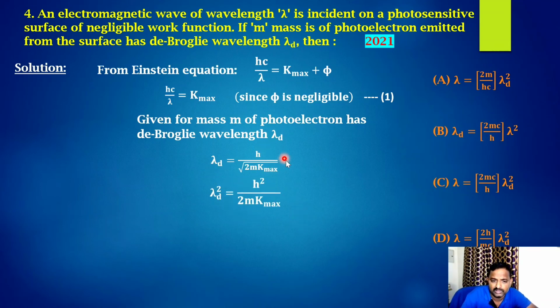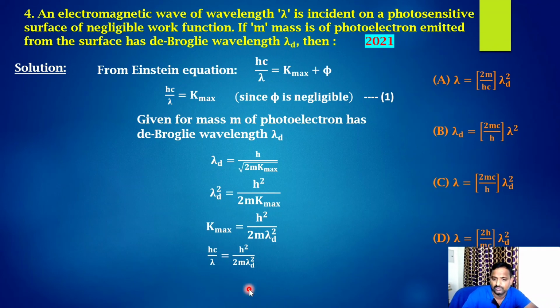So we know the formula for de Broglie wavelength in terms of maximum kinetic energy, that is lambda suffix d is equal to h by root over 2m K max. If I square both sides, I will get lambda d square is equal to h square by 2m K max. So K max is equal to h square by 2m lambda d square. For the maximum kinetic energy, from equation 1 we have hc by lambda, so I substituted hc by lambda.